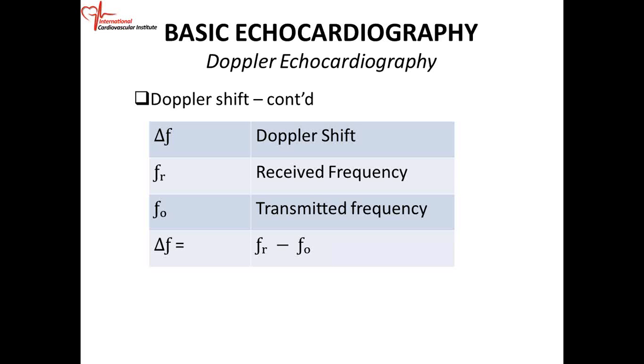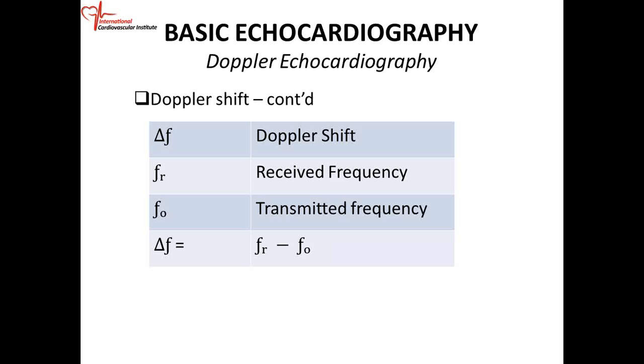Remember, if the source of the sound is moving towards you, if you have the transducer on the chest and the blood is moving towards the transducer, it's going to produce a spectral envelope above the baseline. If the blood is moving away from the transducer, it's going to produce a spectral display below the baseline. Remember, you have received frequency and the transmitted frequency.